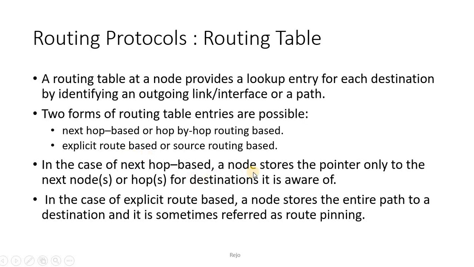In next hop based, the node stores the pointer only to the next node, and in explicit route based mode, the node stores the entire path to the destination, that is, the entire path to each and every node, in the routing table. This is sometimes referred to as route pinning.